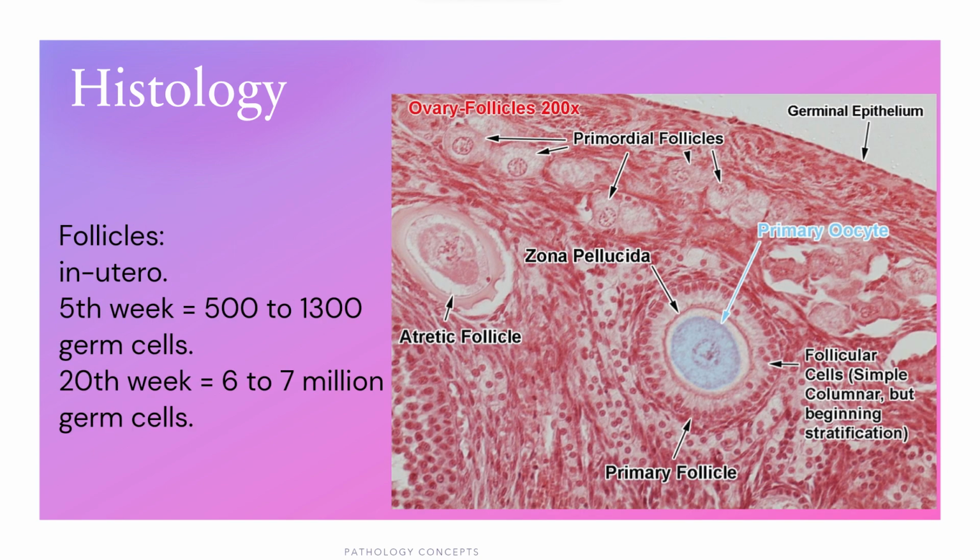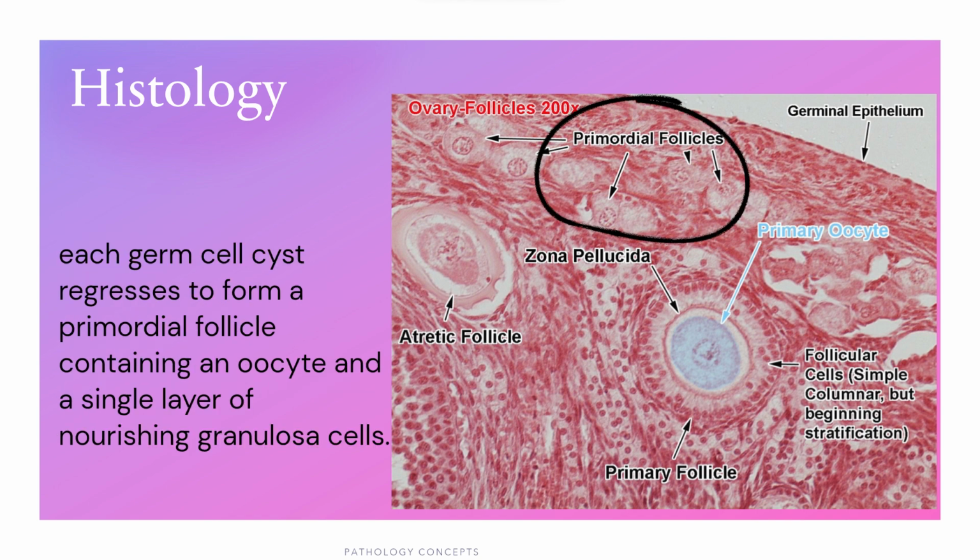Now let's learn in detail about follicles. Ovarian follicular development begins while the female fetus is in utero. During the 5th week of pregnancy, the female fetus's ovary contains about 500 to 1300 primordial germ cells. The primordial germ cells undergo mitosis and by the 20th week of pregnancy, the female fetus has approximately 6 to 7 million germ cells.